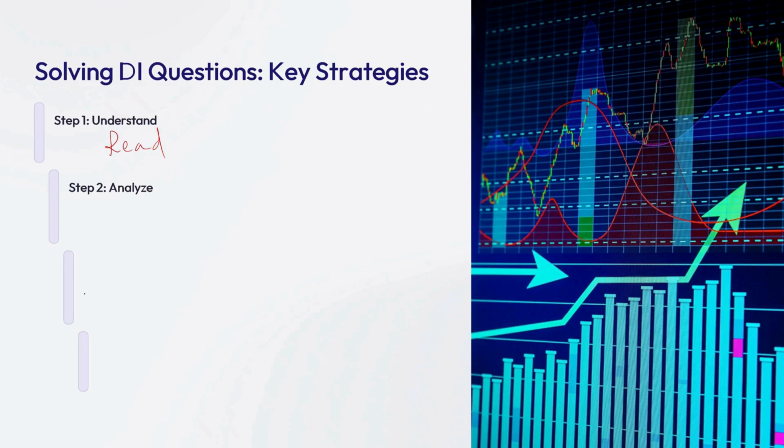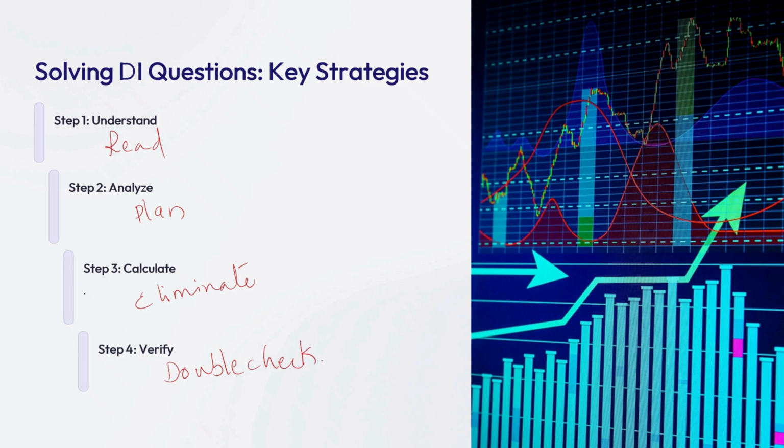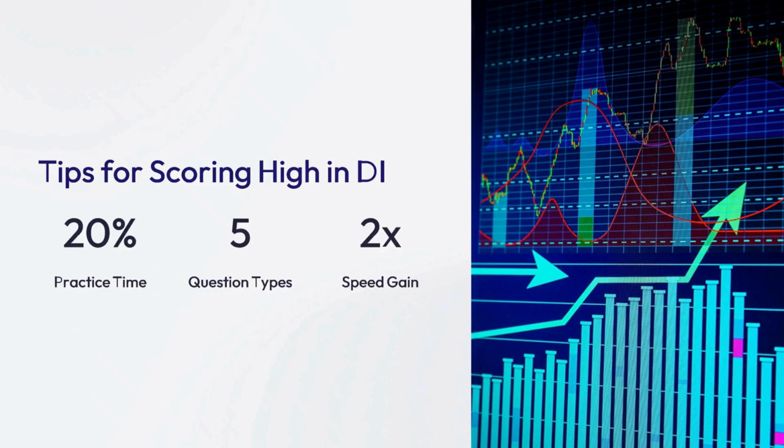Look for patterns or trends that will be very useful to analyze the table. And step 3, calculations. Use approximation for complex numbers. Apply elimination for multiple choice questions, like you will have 4 options, and we have to eliminate 1 or 2 of those options. And the final step is verification. You have to double check your answers and ensure they make logical sense within the context. These are the major 4 steps included in the key strategies.